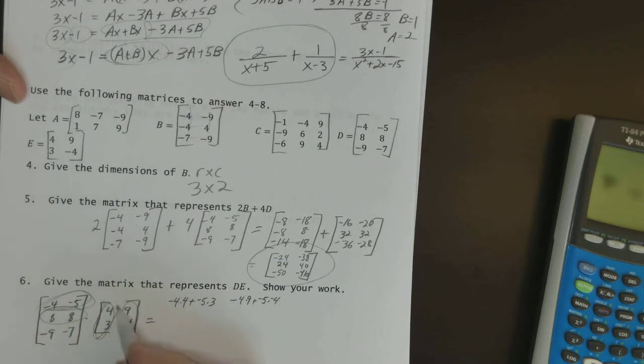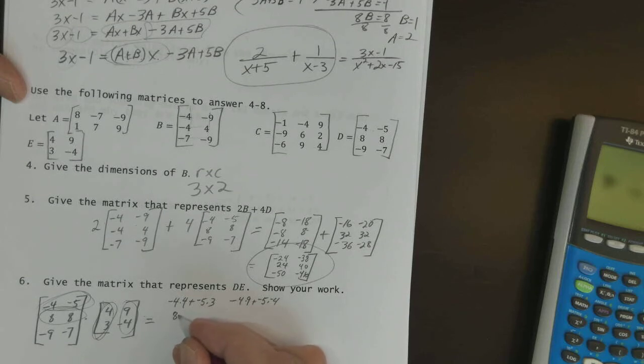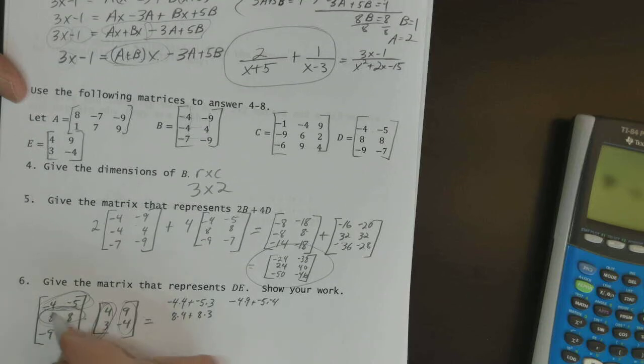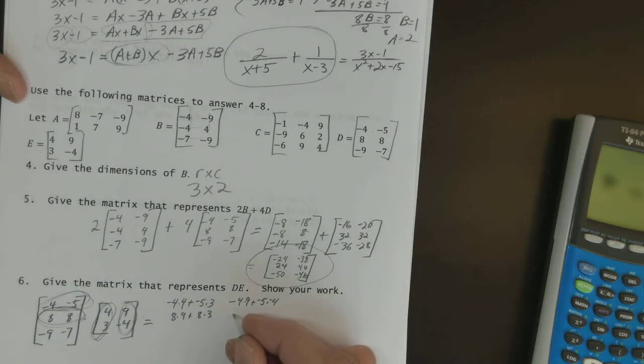Second row, first column, 8 times 4 plus 8 times 3. Second row, second column. 8 times 9 plus 8 times negative 4. Third row, first column.